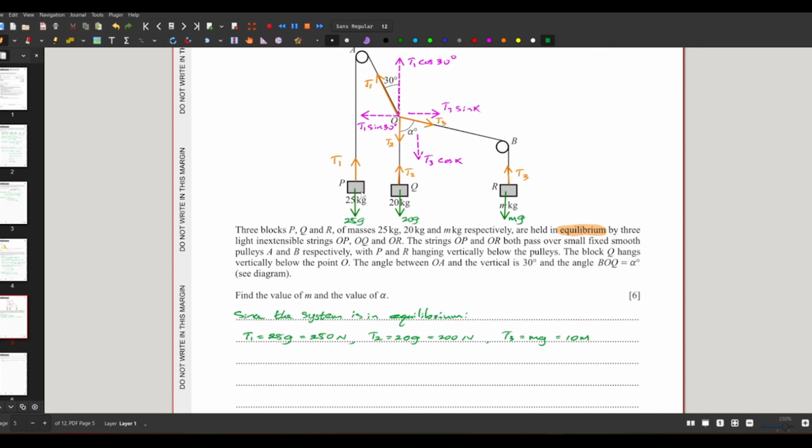So here, if we just consider P, Q, and R, we can't use anything. So we will consider the point O. The system is in equilibrium, and so the point O is also in equilibrium. It's not moving. So in order to be in equilibrium at that point, the sum of the total forces in the x direction should be 0. The sum of the total forces in the y direction is 0.